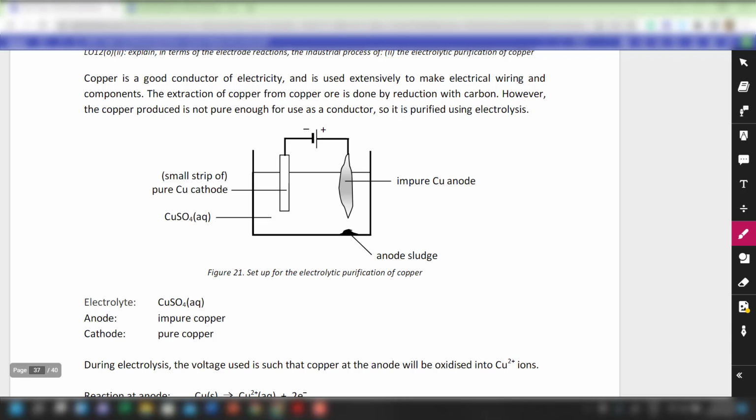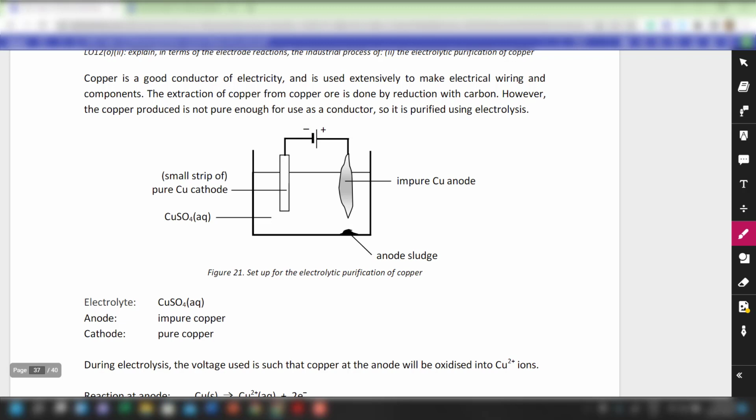Normally, there are two things that are likely to happen at the impure copper anode. First of all, any metal less reactive than copper will not be oxidized alongside copper. So after some of the copper has been oxidized, metals such as silver and gold, because they are not as reactive as copper, will fall off as what we call the anode sludge.